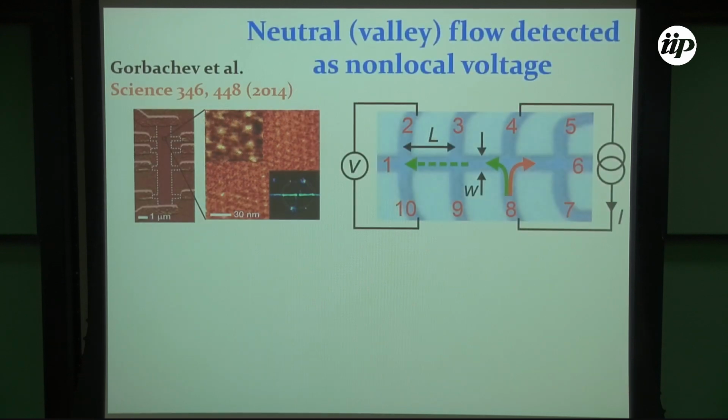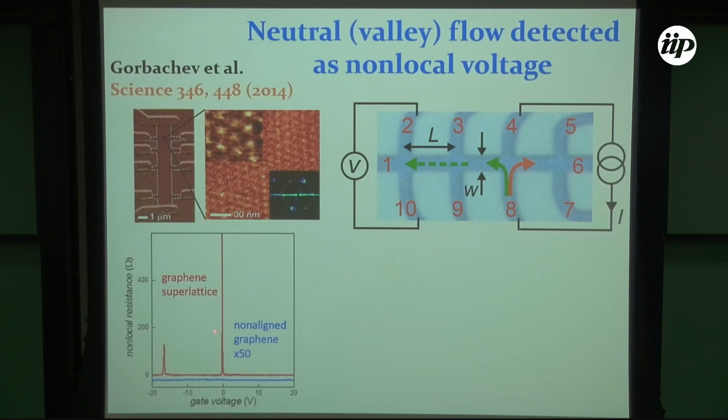This experiment by Andre Geim, Novoselov and Gorbachev was aimed at testing this valley Hall effect physics. They made these non-local transport measurements, where you have your current in one of the probes, and you measure a non-local voltage away from the current flow. The idea, following the concept of the valley Hall effect, is that you separate the valleys: the K valley will go left and the K prime valley will go right, for instance.